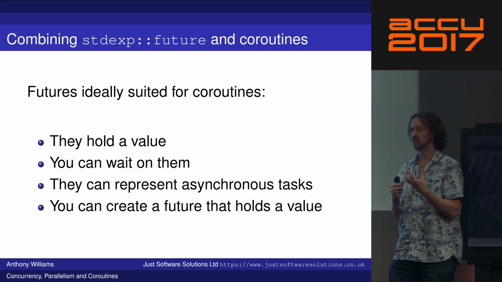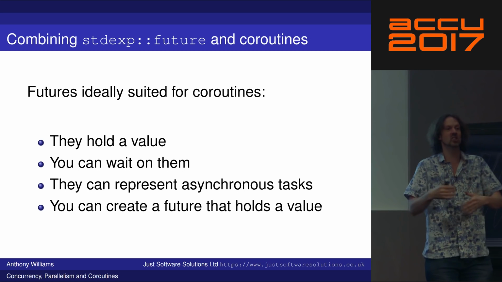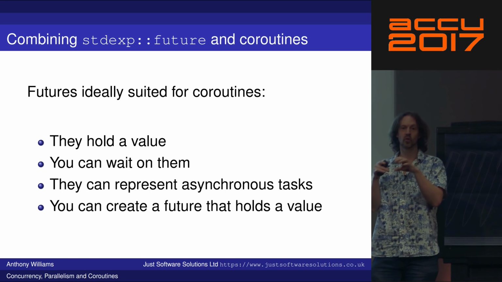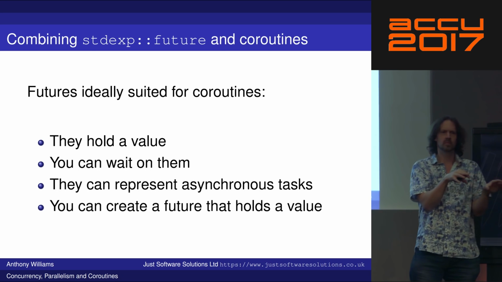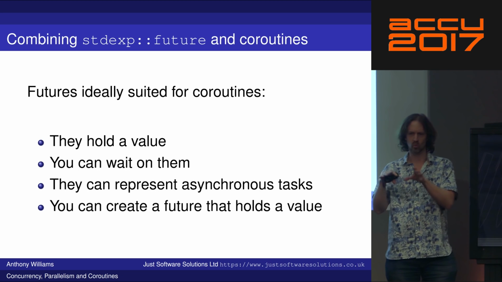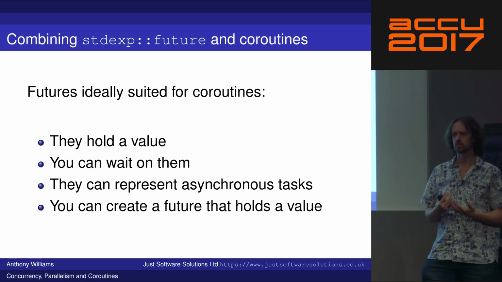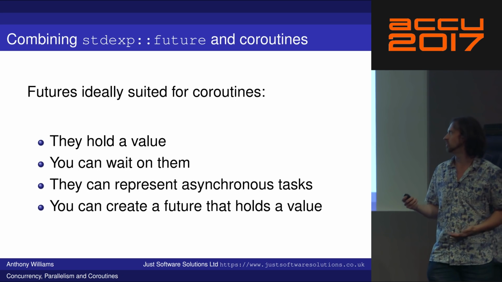And you can create a future immediately that holds a given value. So these work really well for thinking about it, the coroutine has a promise type, and it has something that you can wait for, and it just all ties in nicely with futures.